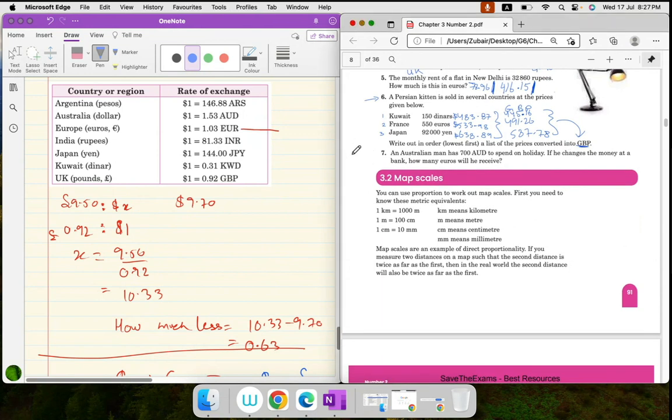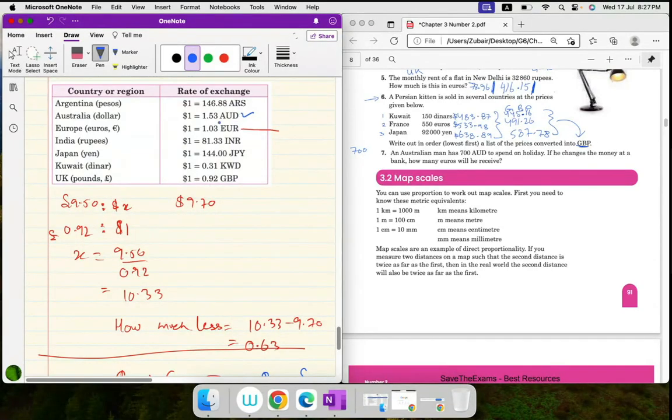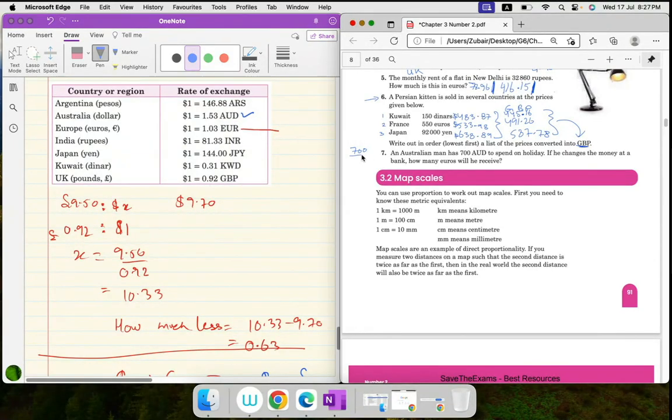Yes, sir, I got it. 700 Australian dollars. And the first thing is this 1.53. So we divide them by 1.53 to get US dollars. Now you know the US dollar, and we multiply by 1.03 to get euros.